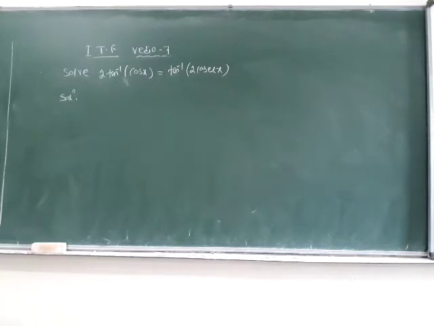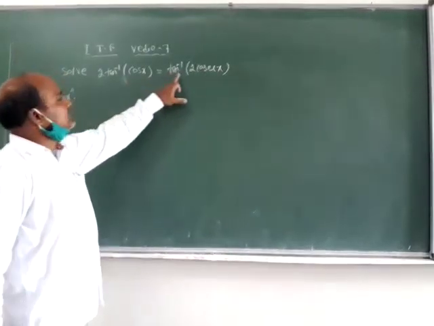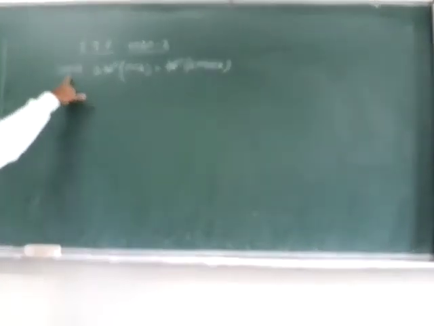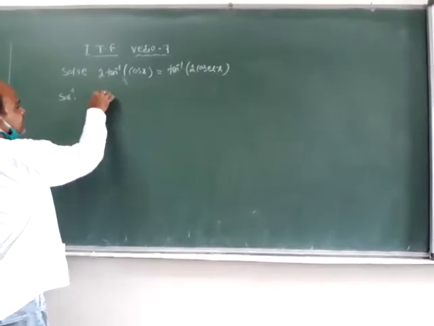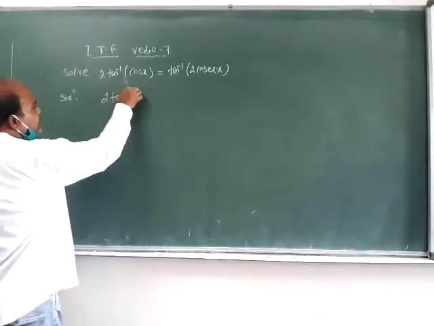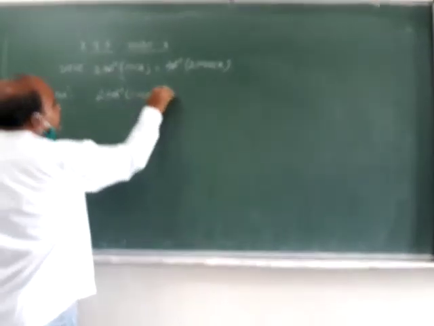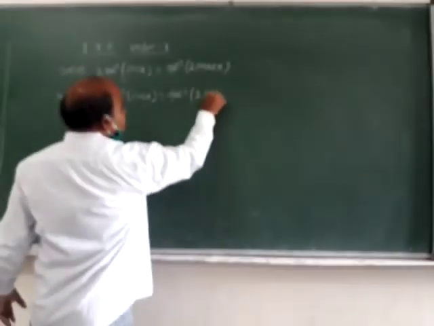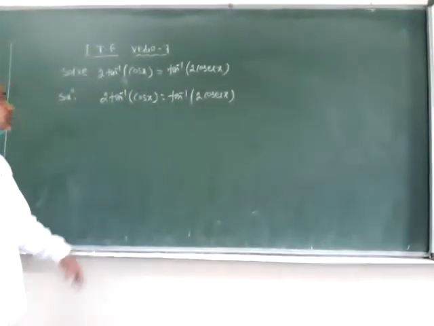Now we will discuss: 2 tan inverse of cos x is equal to tan inverse of 2 cosec x. Solve means find the value of x. So the given condition is 2 tan inverse of cos x is equal to tan inverse of 2 cosec x. Now what do you do?